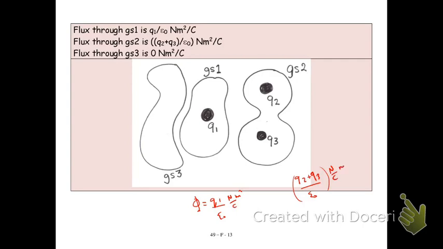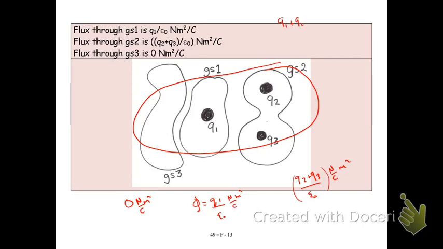And this one is 0. And that one is Q1 plus Q2 plus Q3 over epsilon naught. It's all there. Very simple.